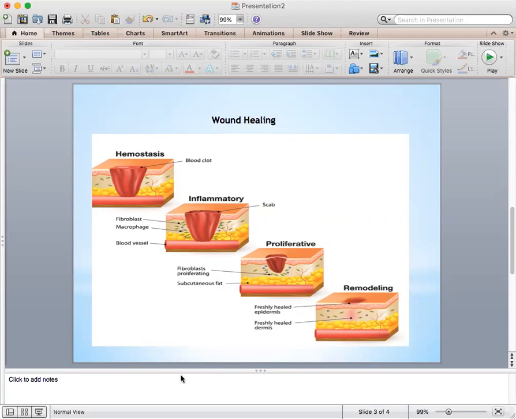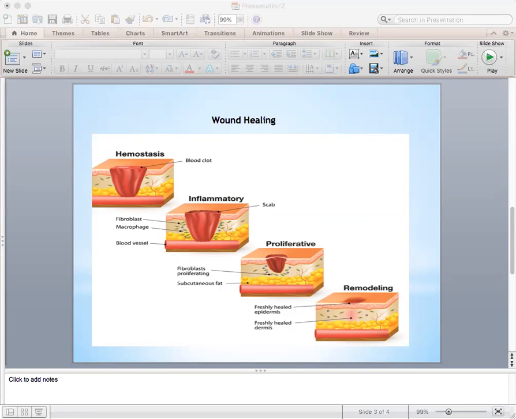For the wound healing process, there are a number of factors which influence healing. There are two groups of factors. One is local factors, and the second one is systemic factors.